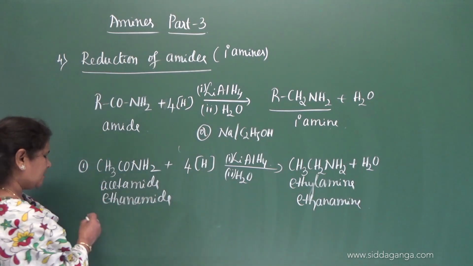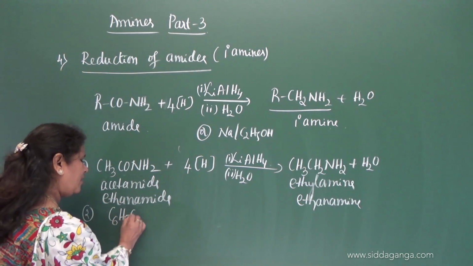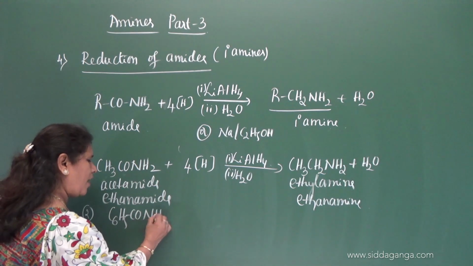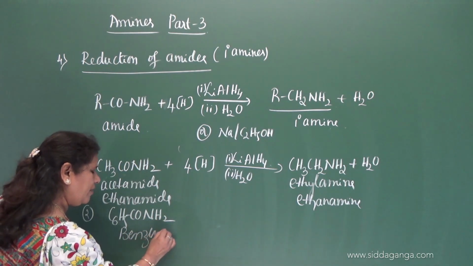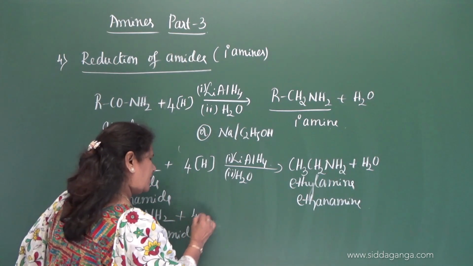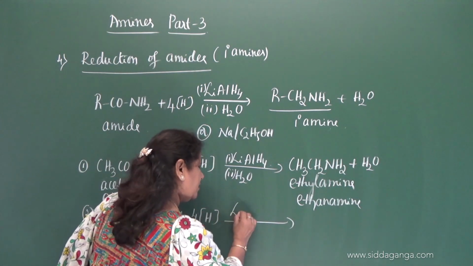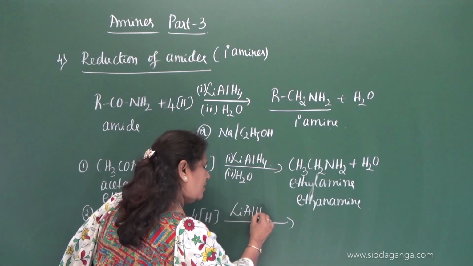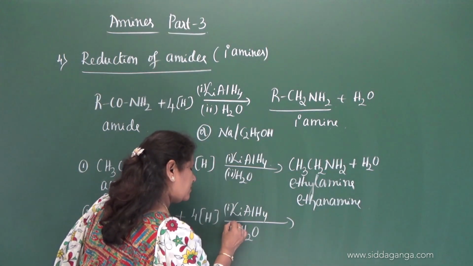And the second example we can take here, C6H5CONH2, aromatic amide called benzenamide. So it also undergoes reduction in presence of lithium aluminium hydride followed by hydrolysis.